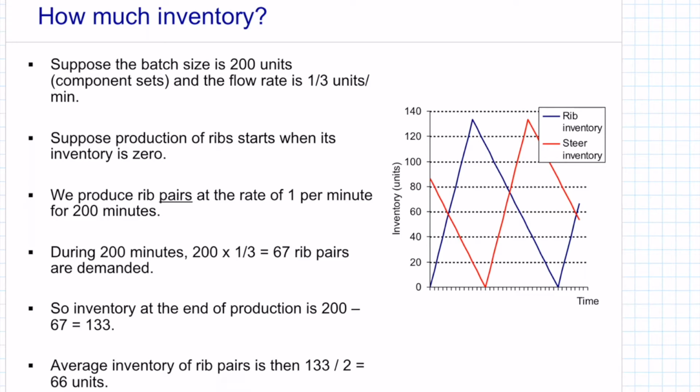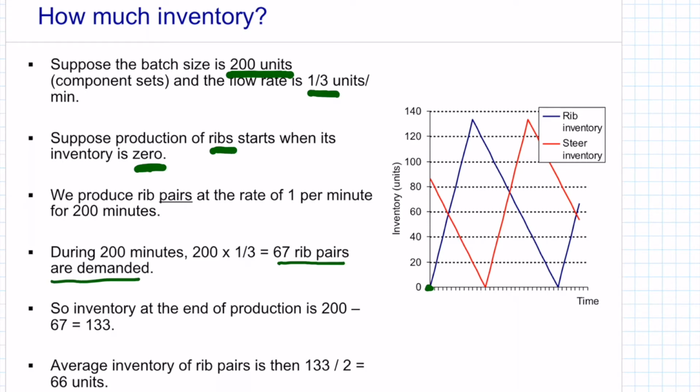Now, suppose we have a component set of 200 units to produce and the flow rate is 1 by 3. We start the production when inventory level is 0. In 200 minutes, we can produce 200 ribs, whereas the demand for ribs from assembly is 200 times 1 by 3, the flow rate, about 67 ribs.